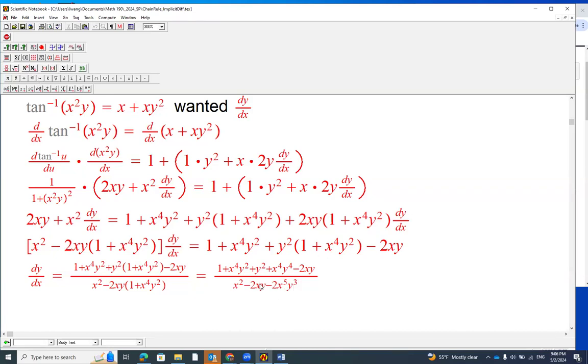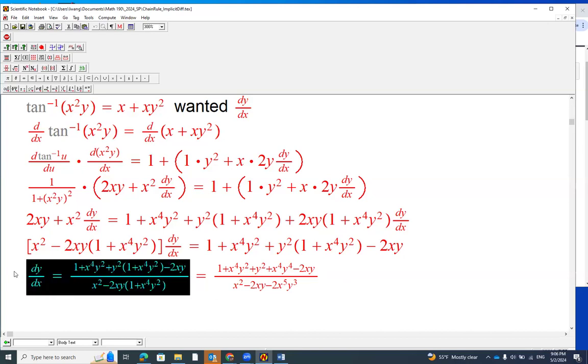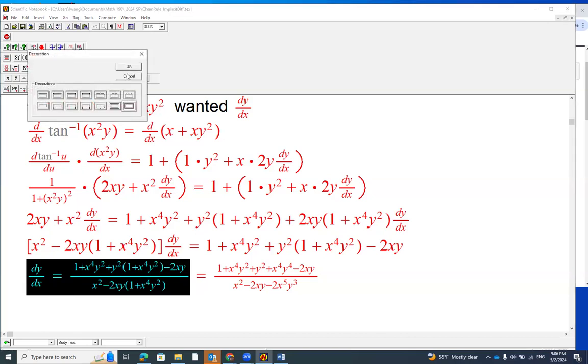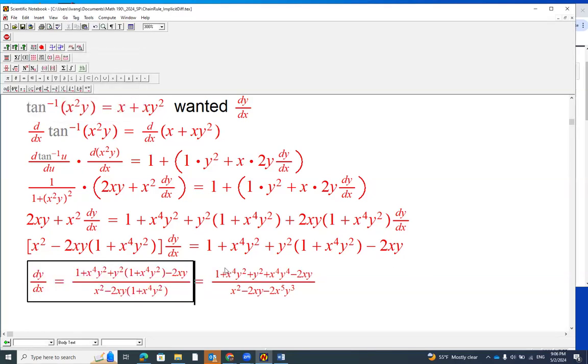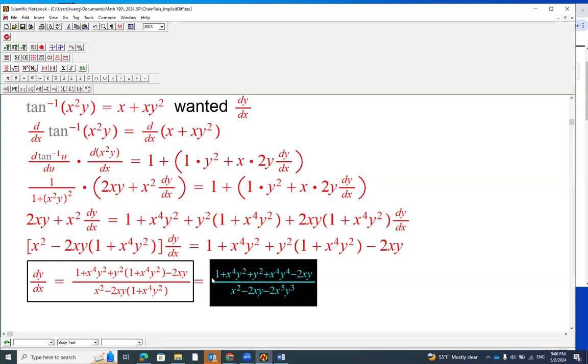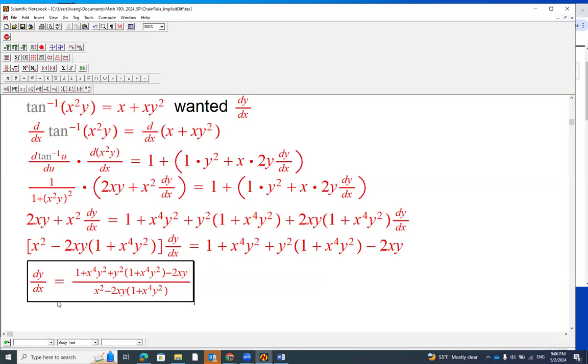Besides, we can factor out the x in the denominator, and we cannot get a common factor from the top. We cannot reduce this any further. So this piece is going to be the final answer. And you don't even need to do this, because once you realize there's no room to reduce, you can just leave it as is.